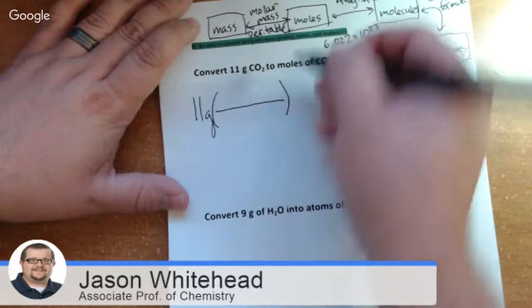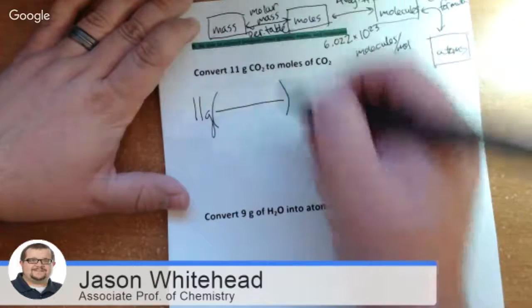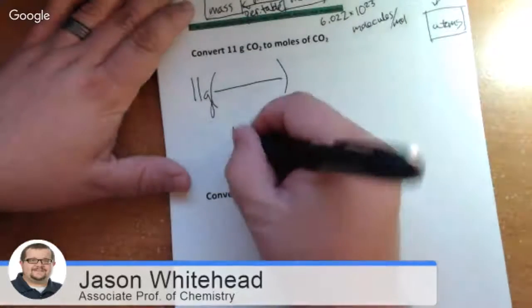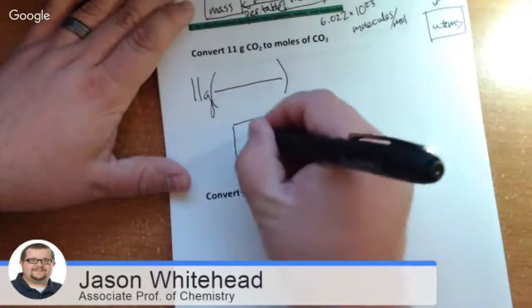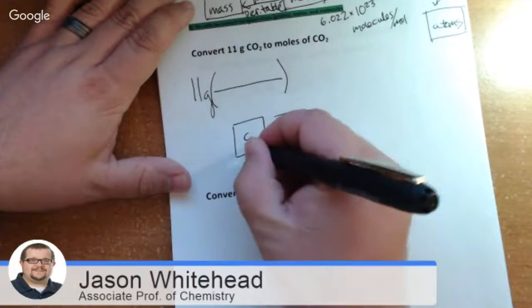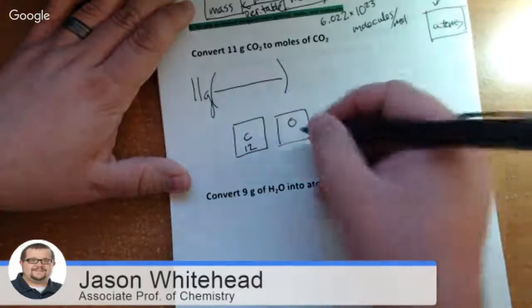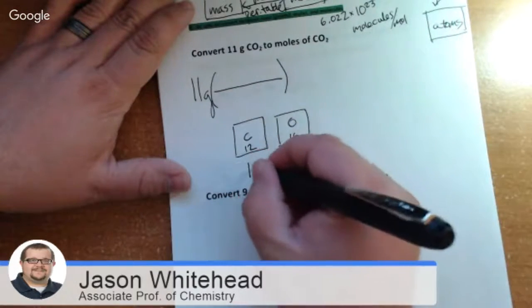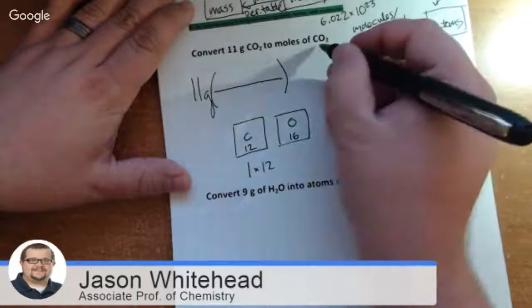To do this, I need the molar mass off the periodic table. CO2 is something we added up earlier, but let's add it up again. We've got carbon, we've got oxygen. Carbon is 12 apiece, oxygen is 16. I've got 1 carbon at 12 based on the formula.